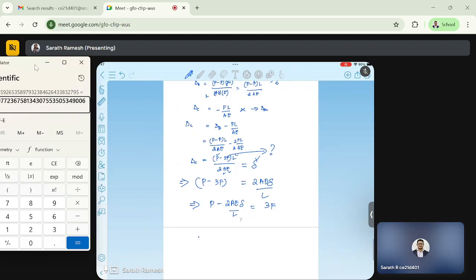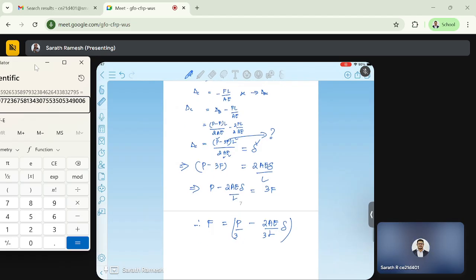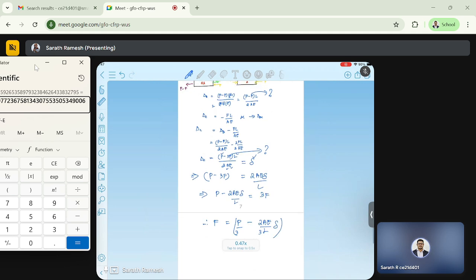So F is equal to P minus 2AE by L times delta, times 1/3. Okay, so this is the value of F. Now we can substitute all the values that we have here and solve the problem.